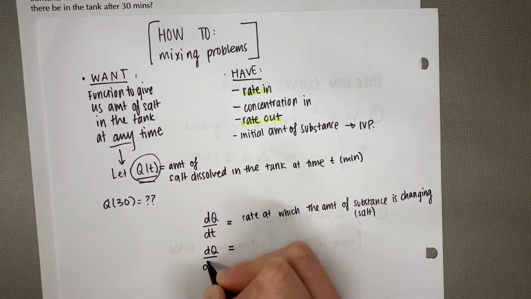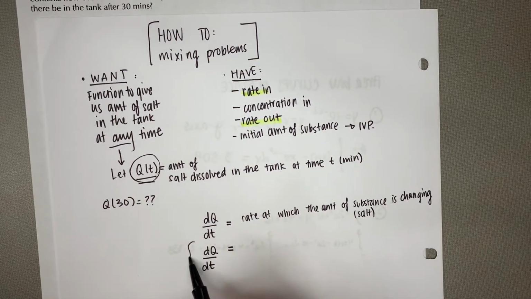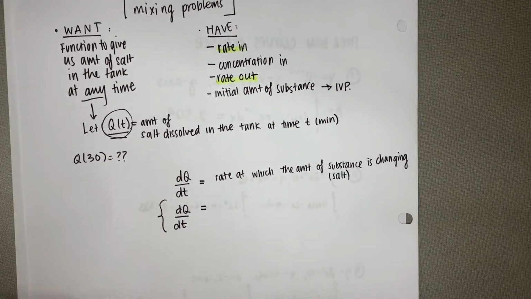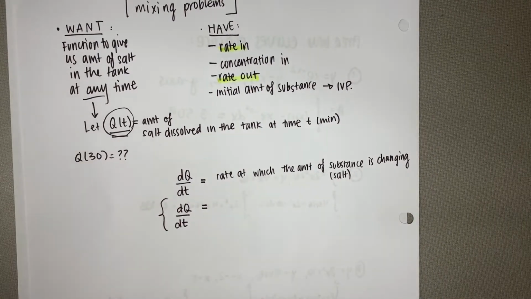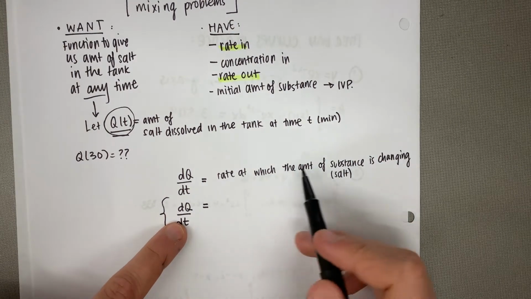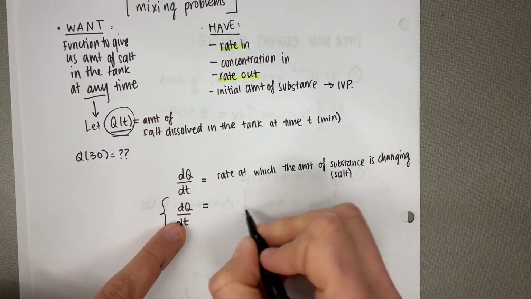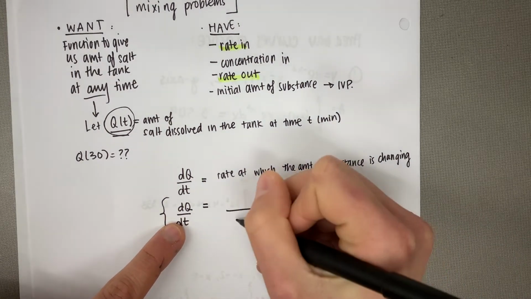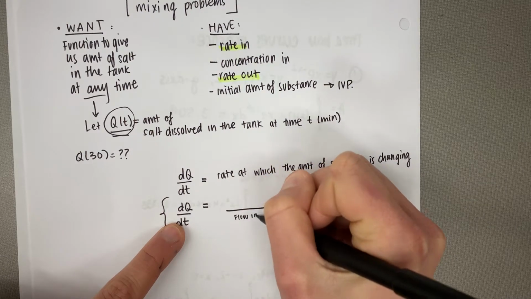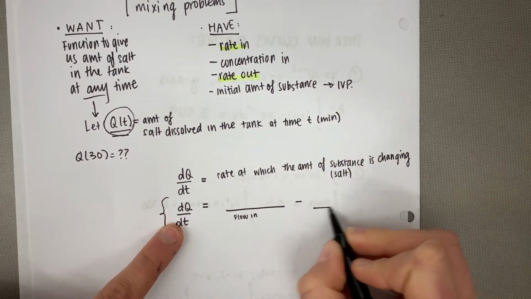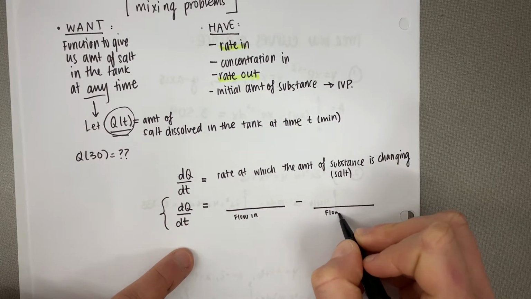In general, for any problem anywhere, not just this one with salt, the rate at which the amount of substance is changing has to do with flow in minus flow out.